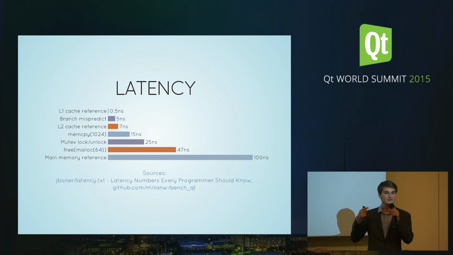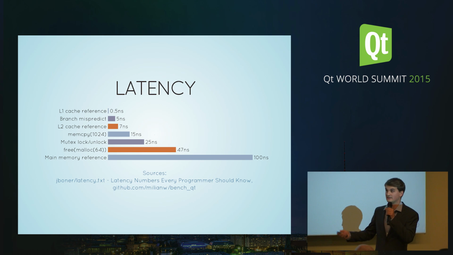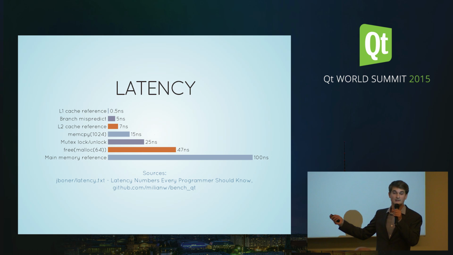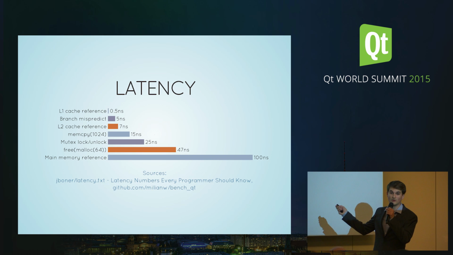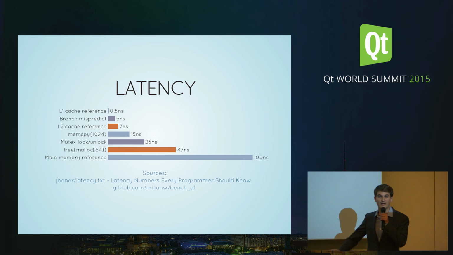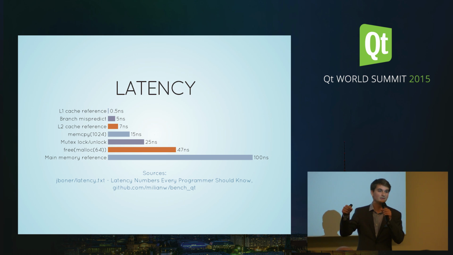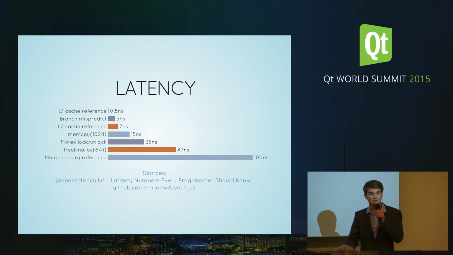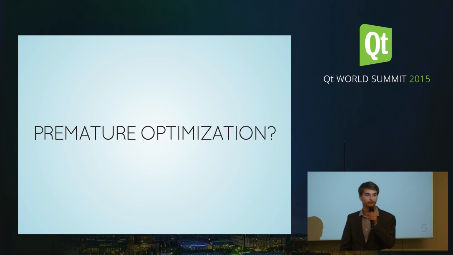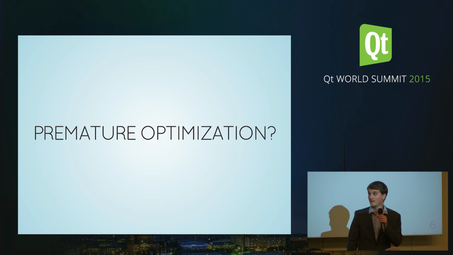Just allocating tons and tons of stuff, even temporarily, that will kill you because it's so much slower than the simple memcpy, right? And then if you have a cache miss, this lower bar is what happens when you go to the main memory. Otherwise, a normal instruction is in this order of magnitude, right? A couple of half nanoseconds or something.